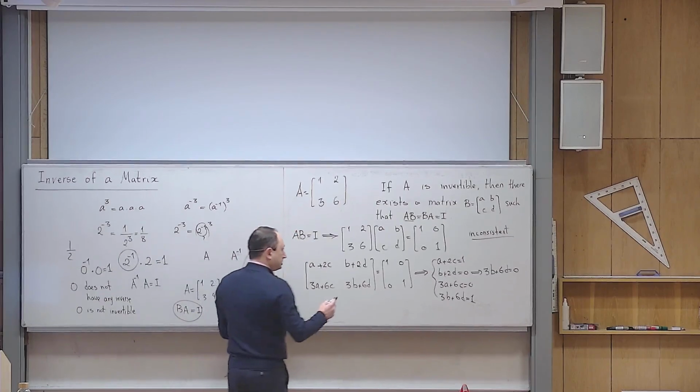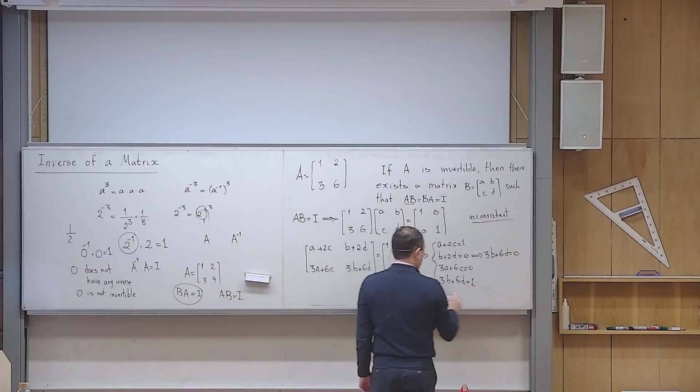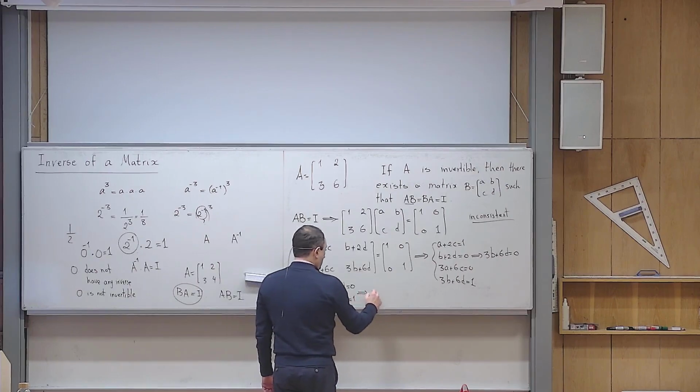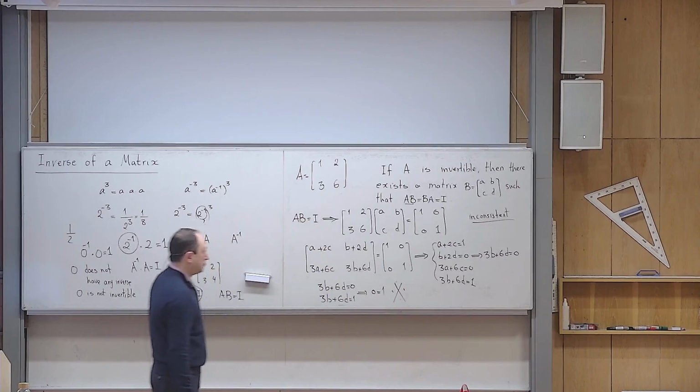So how should I write? I just talked about that orally. In principle, if you want to write it down, you would say that 3B plus 6D equals 0 and 3B plus 6D equals 1 implies that 0 is equal to 1, and that's a big lie, yes? It's a contradiction.